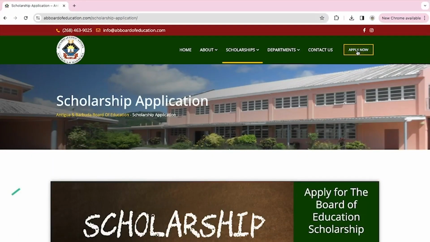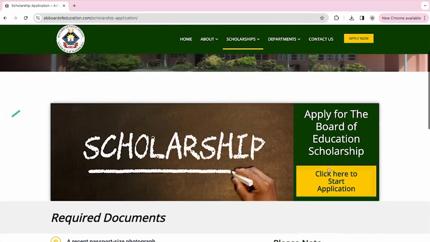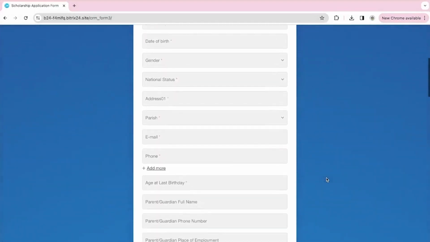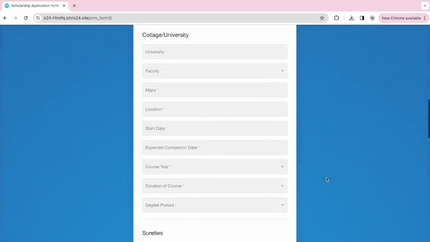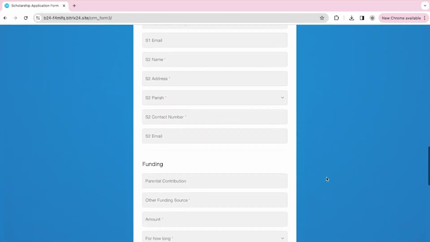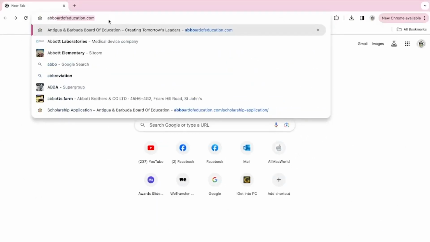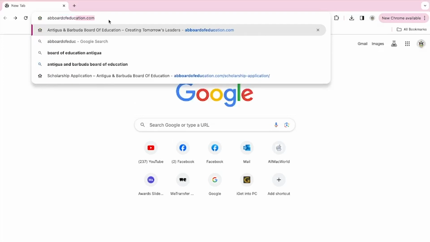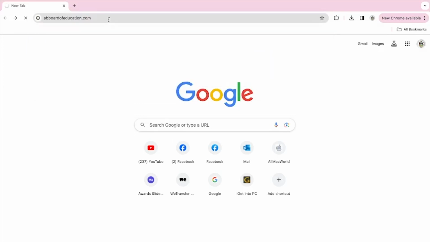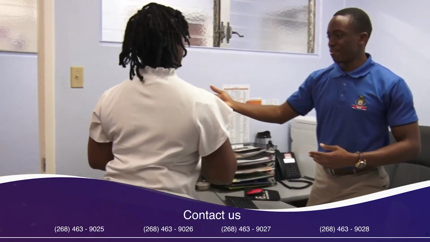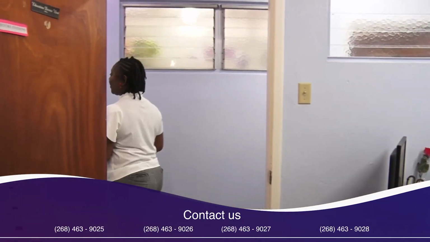Scholarships are available for those wishing to pursue an associate's, bachelor's, or master's degree locally, regionally, and internationally. Individuals reading for PhDs are also supported. We are the Board of Education. For more information, visit our website at www.abboardofelucation.com or call us today at 463-9025, 463-9026, 463-9027, or 463-9028.